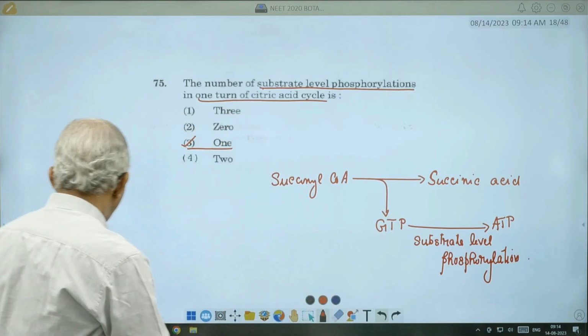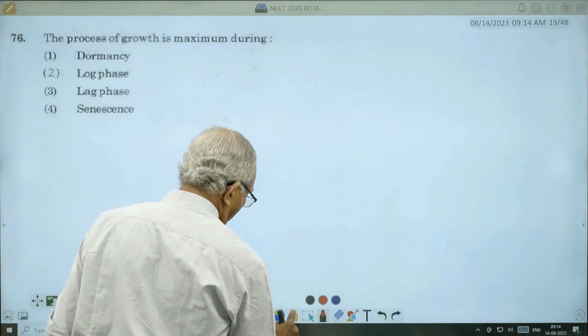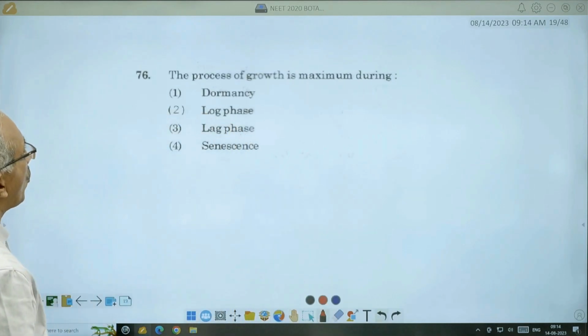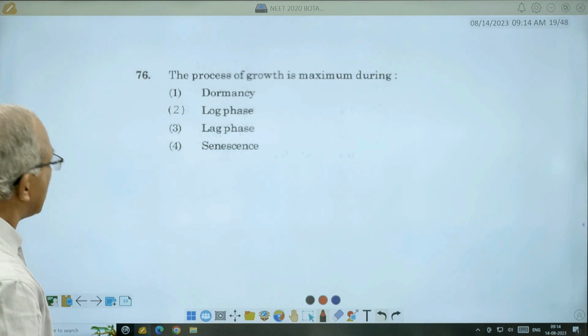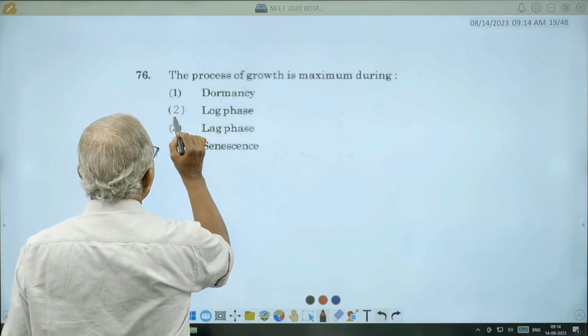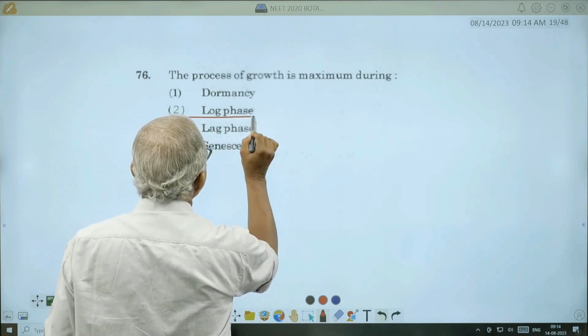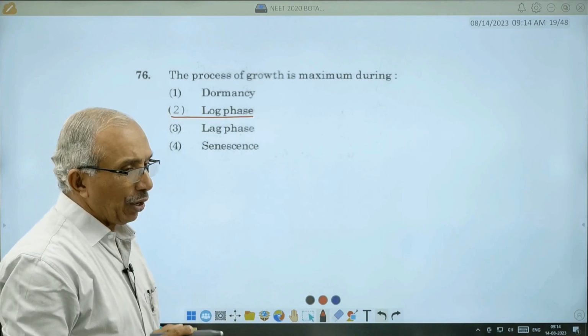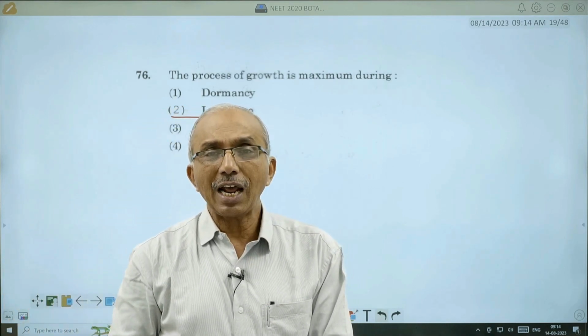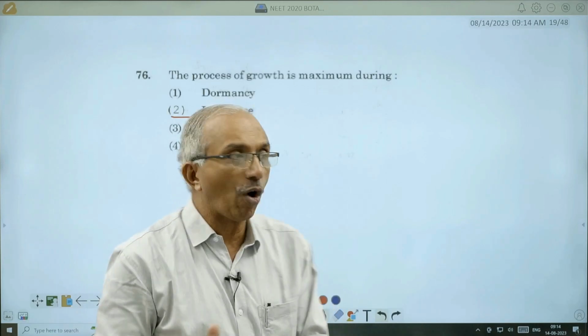Then, the process of growth is maximum during log phase. It is related to geometric type of growth.